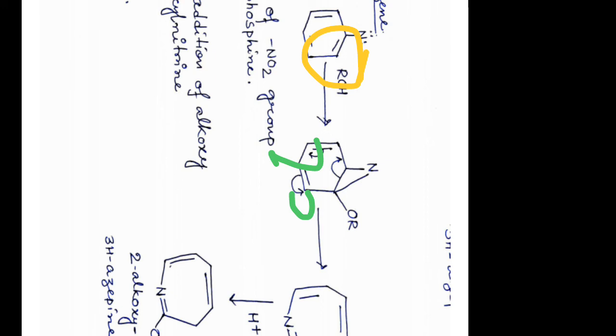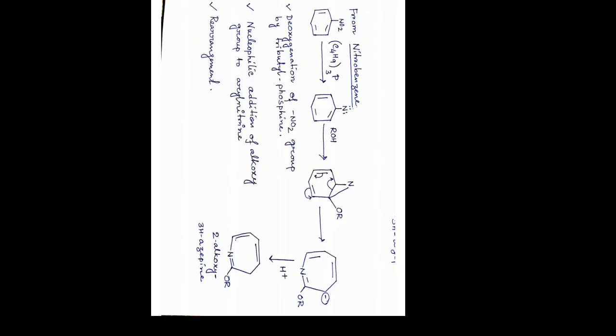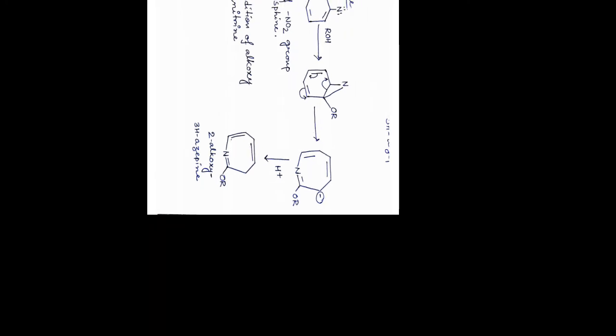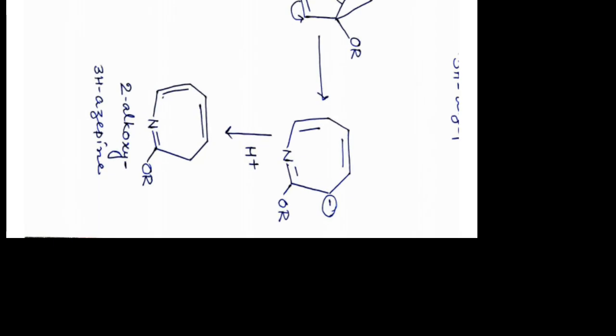This double bond is shifted here, and the other double bond is shifted to this position. Finally, whenever bonds are rearranged, we get this specific structure of azepine derivative, obviously with a substituent at the 2 position, that is OR.